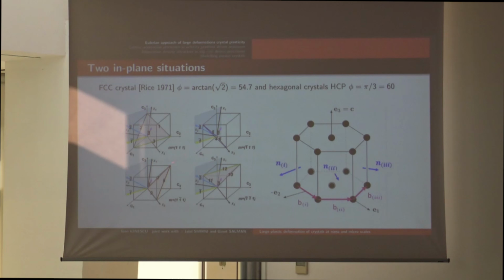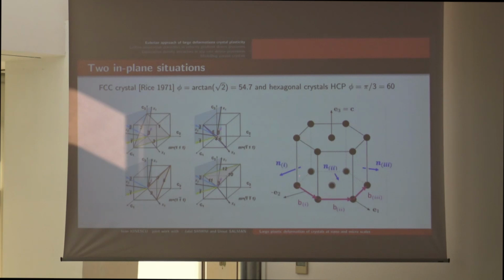There are two situations where we can do that. One is the projection of an FCC crystal on a plane. It's rather complicated: you have to combine 2 slip systems so that we have a planar deformation, with three pairs of slip systems, and the other 6 have to be inactive.